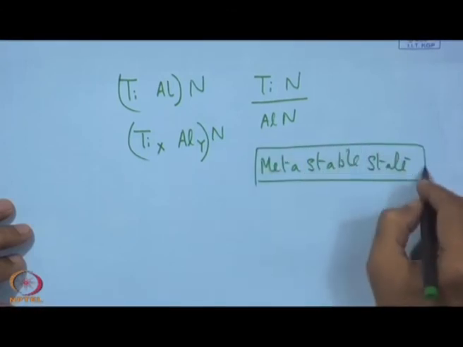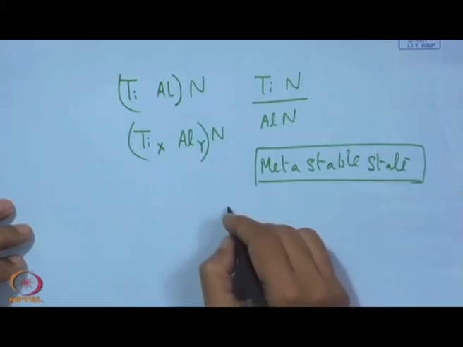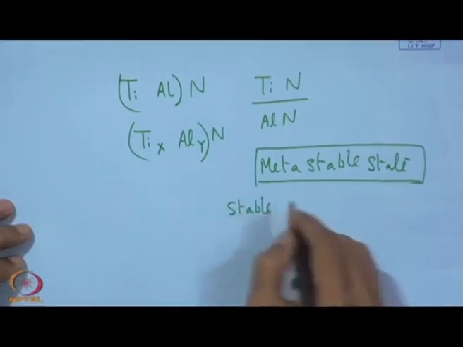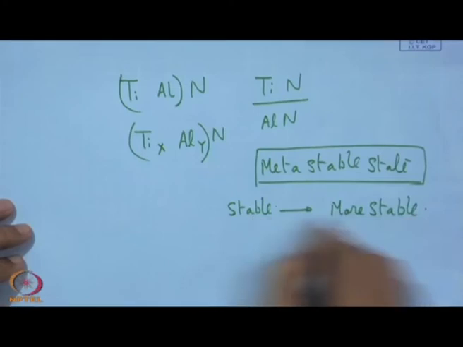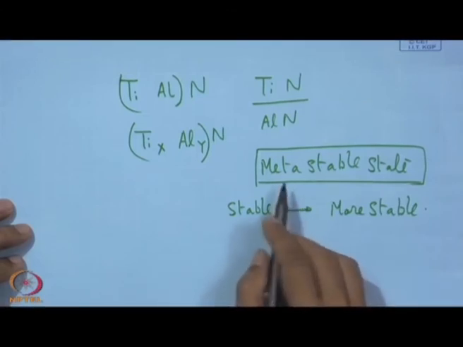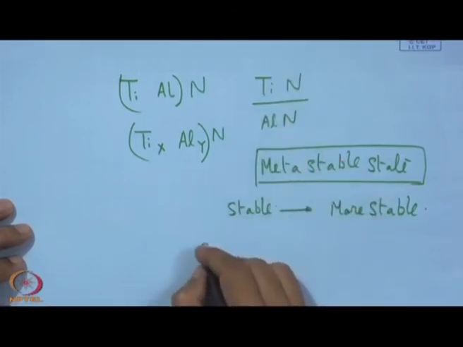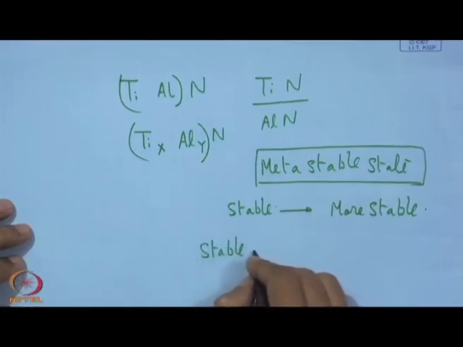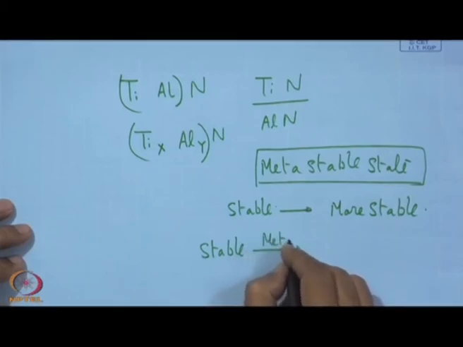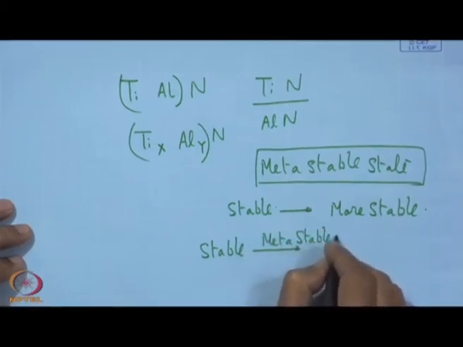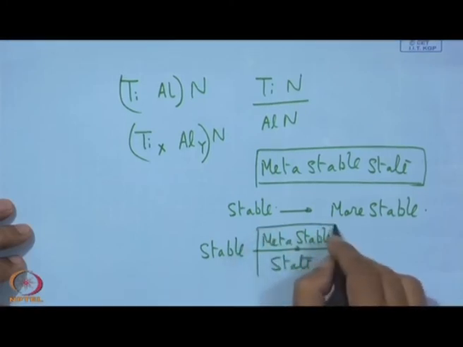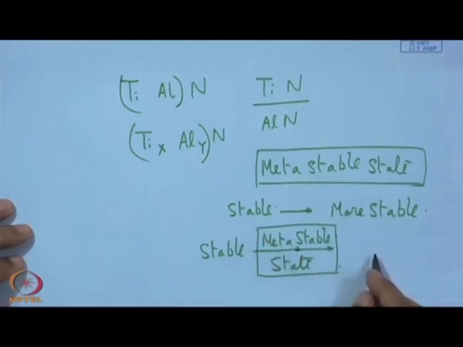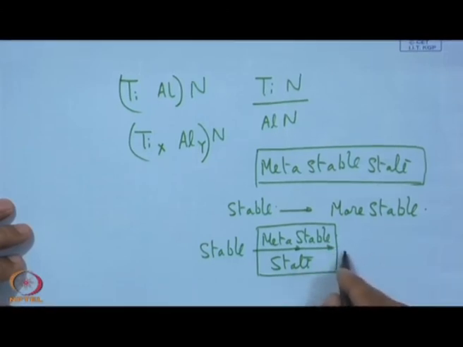Metastable state means that during the conversion from one stable state to a more stable one, if this is the path, because of the processing condition it can go through one metastable state and become stagnant there, and further transformation or transition does not take place.